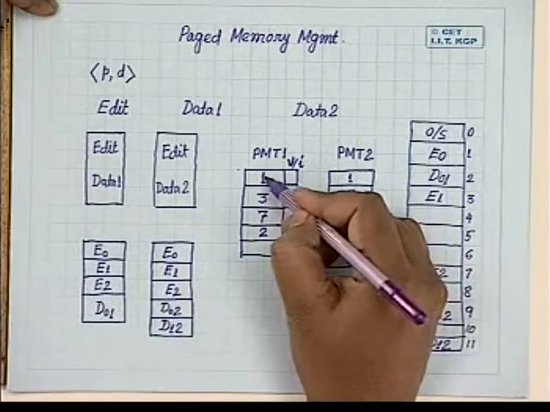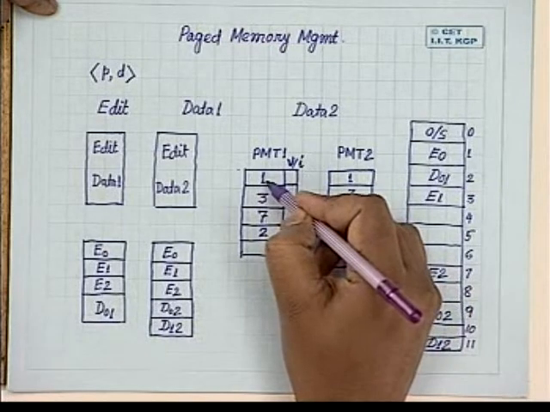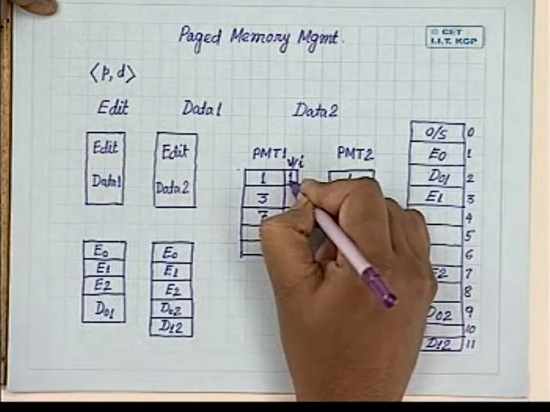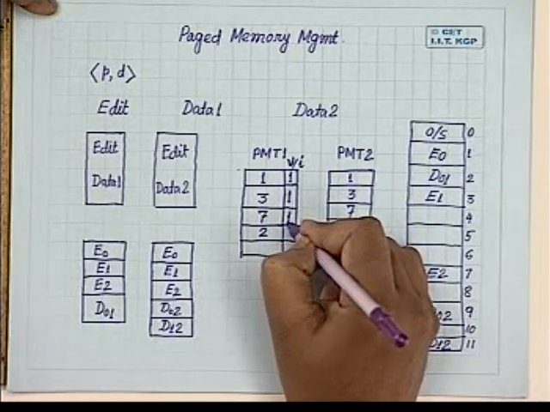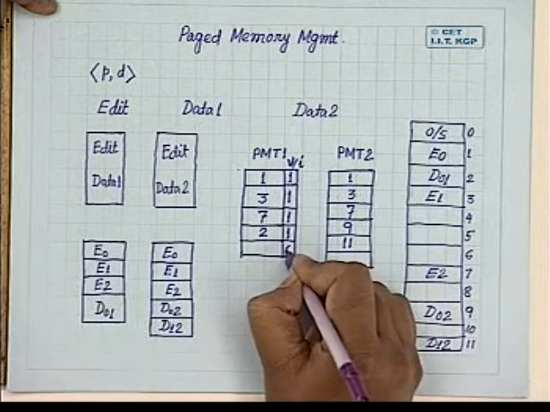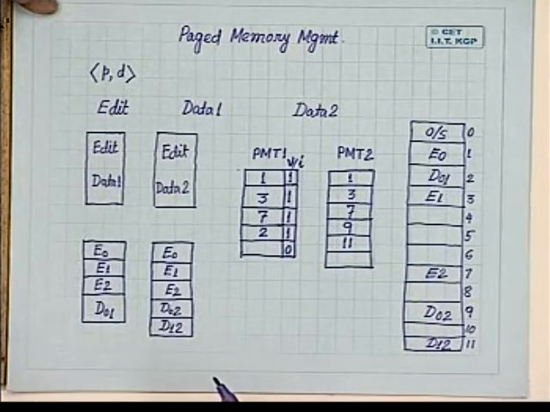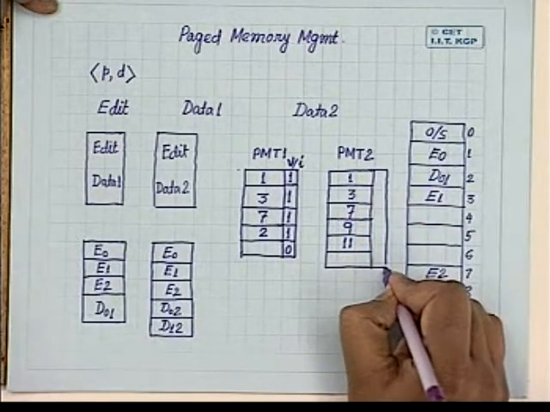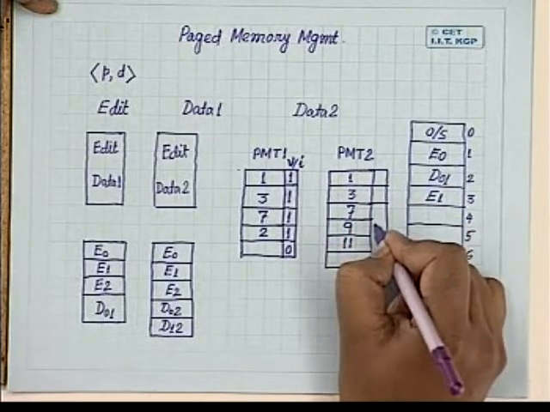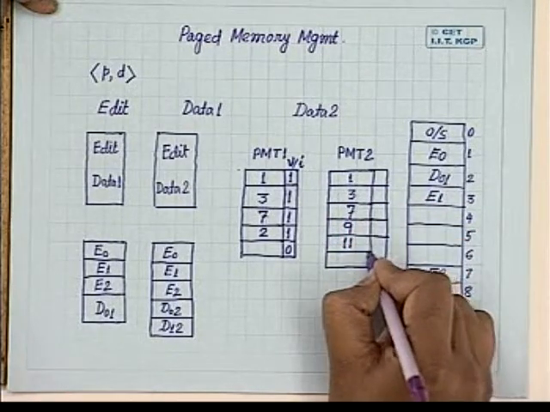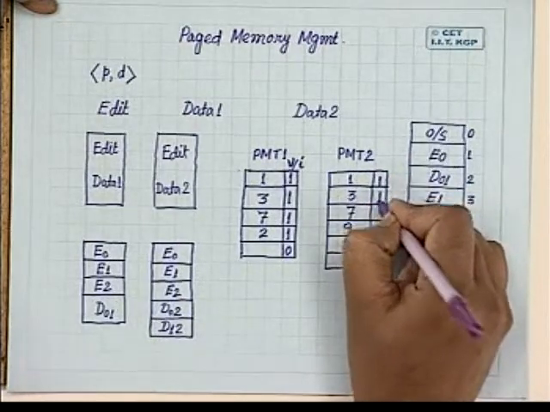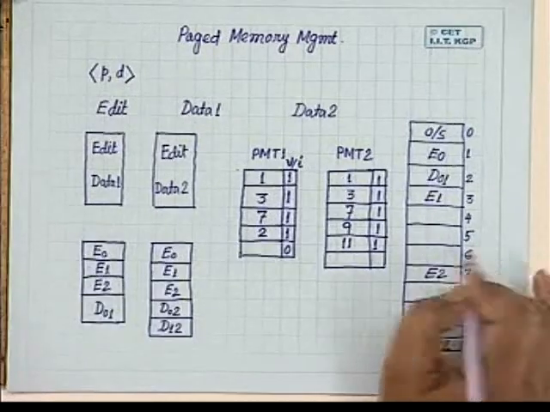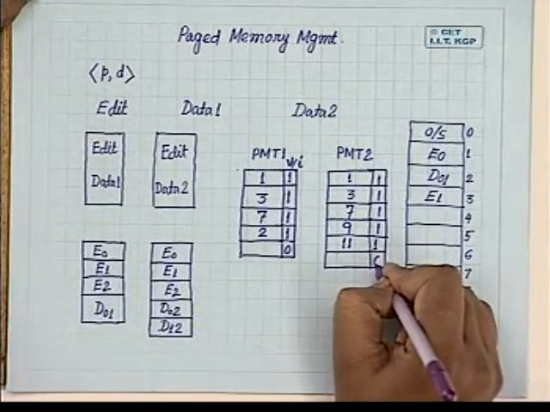Okay. So the entries in this page map table which contain the valid page numbers, the corresponding valid invalid bit may be set to 1. Other entries will be set to 0. Okay. So similarly here, the valid invalid bit, all these bits are set to 1, or it may be the reverse, but what you do, you should take care in the programming.